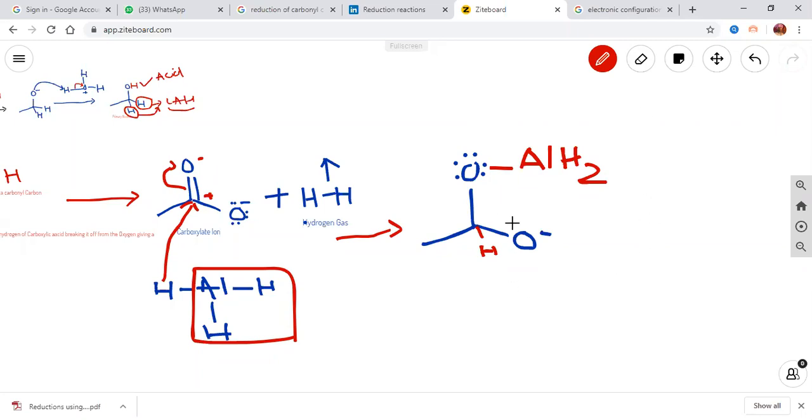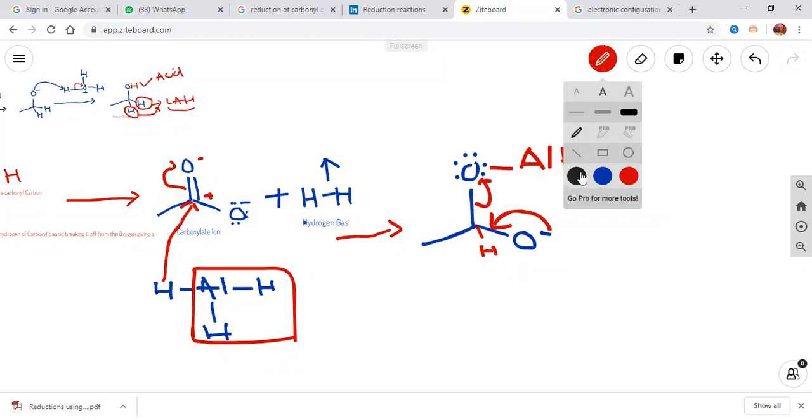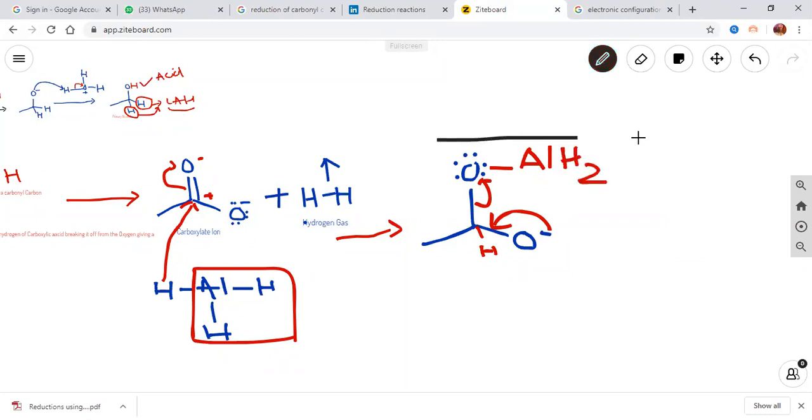So what happens, this bond can come back here, and this bond can break away because this becomes a good leaving group. It can leave.